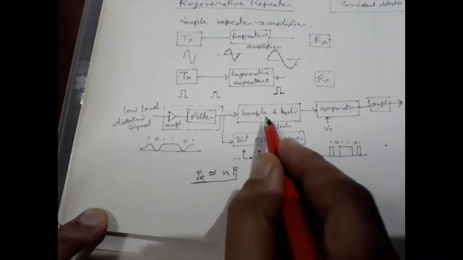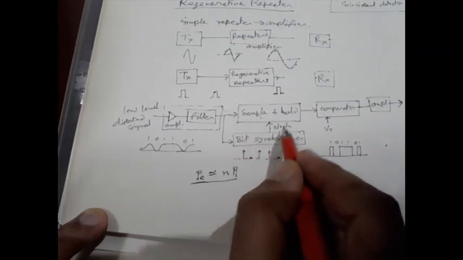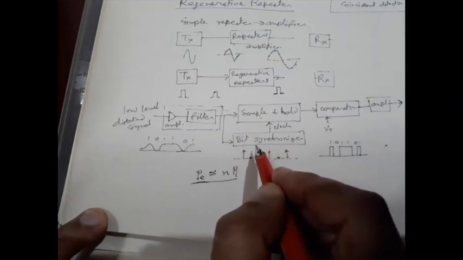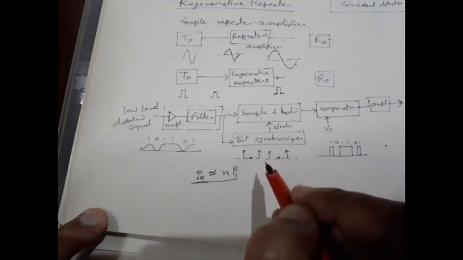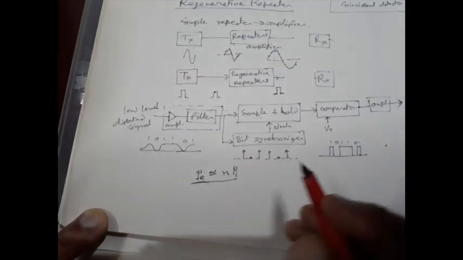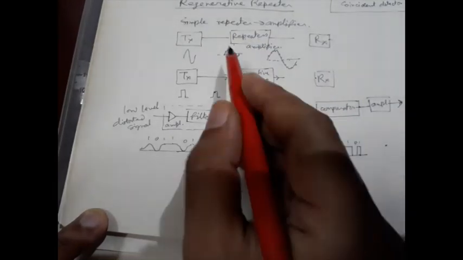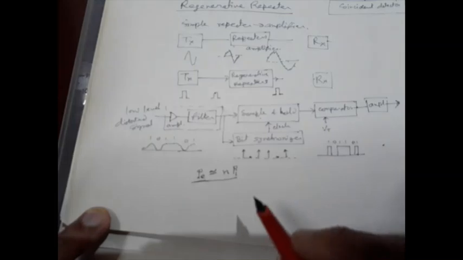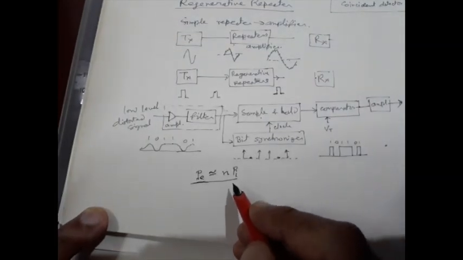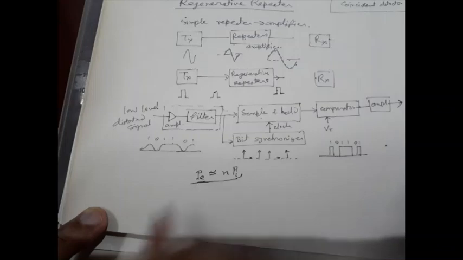That means at the repeater end, there is a chance that the error rate may be enhanced. So those are the problems associated with these repeaters, and you have to select the number of repeaters and the distance between two successive repeaters very, very judiciously. Otherwise, there is a chance of enhancement of the bit error probability.